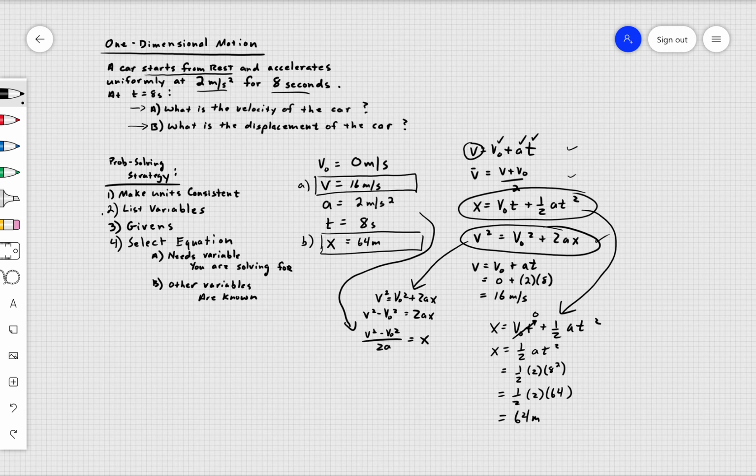Now, if you are in my class and you are solving these one-dimensional kinematics for practice or for homework, I really need to see what I have written here. I want to see where you have listed your variables.